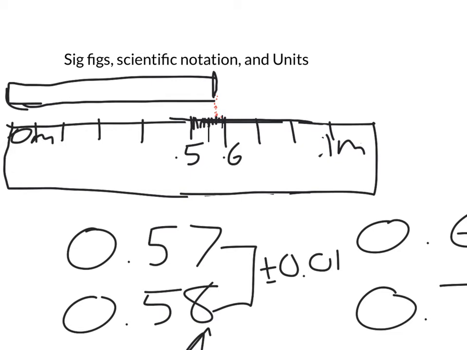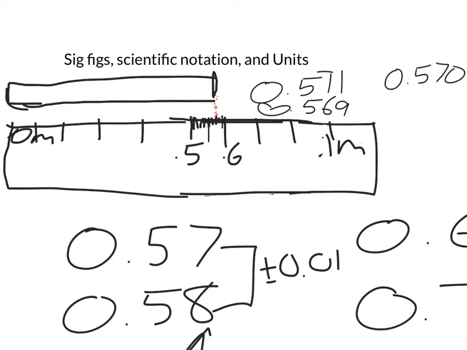So with this new measurement, I might be able to make something like 0.571. I could say 0.569. If I think it's right on that 0.57, I'm going to say it's 0.570. Okay? Because I can actually measure the 1000th place if I have that many lines on my meter stick.